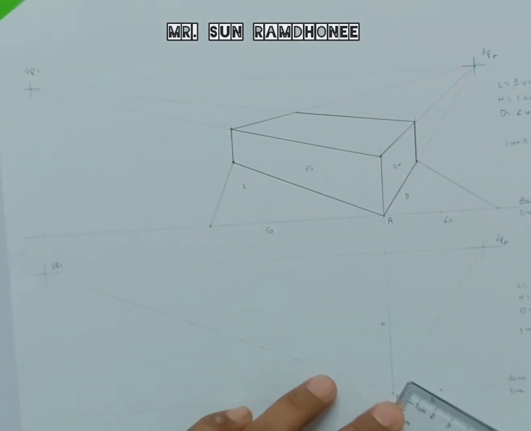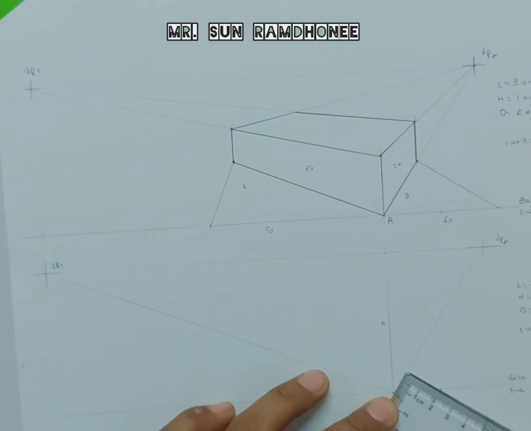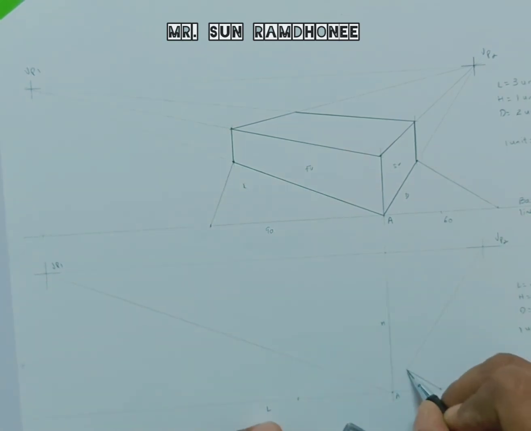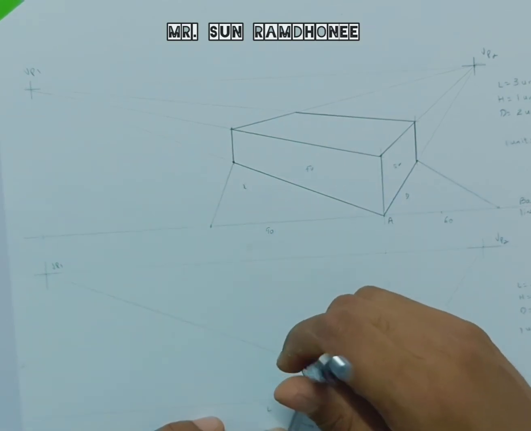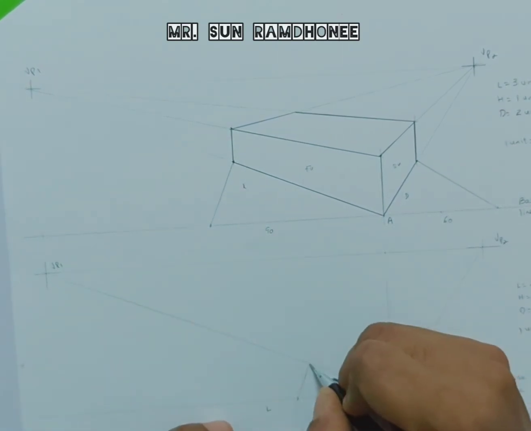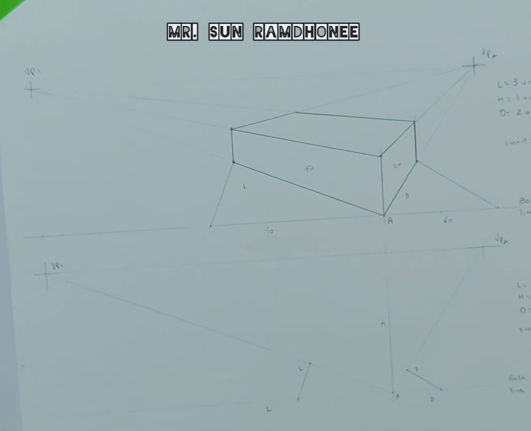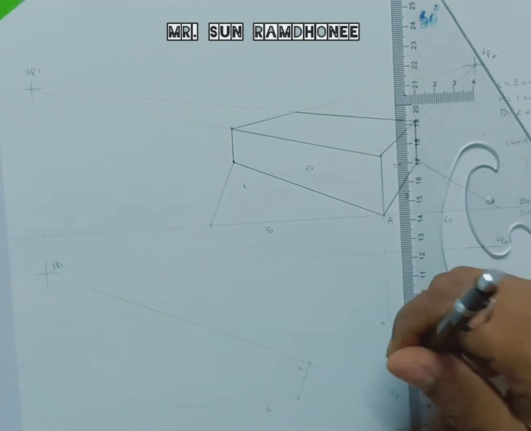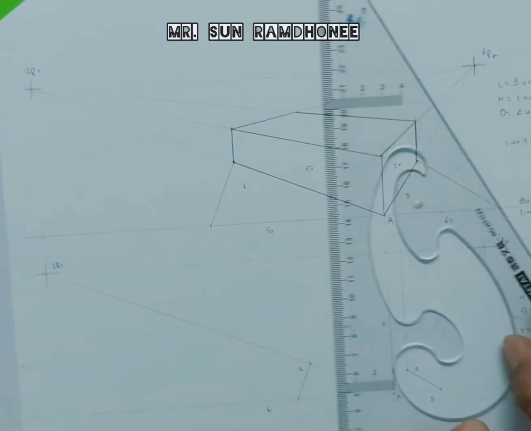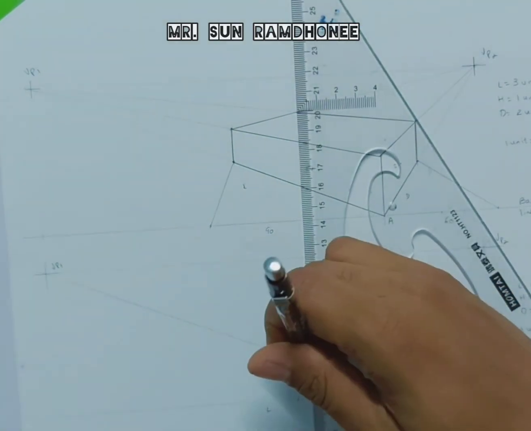As I had explained earlier, we have to put our set square like this to obtain a 90 degrees line from this point, so that this would be our depth, and we are going to do the same here also. We're going to obtain a 90 degrees line here, and then since both lines move upwards, like this and like this.